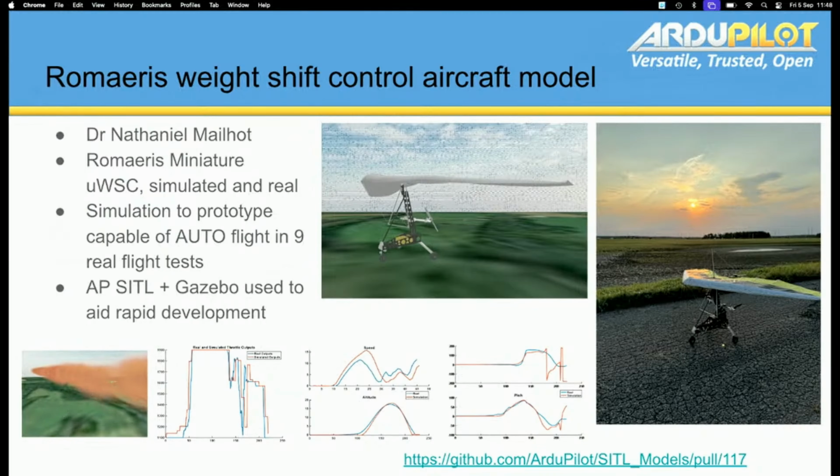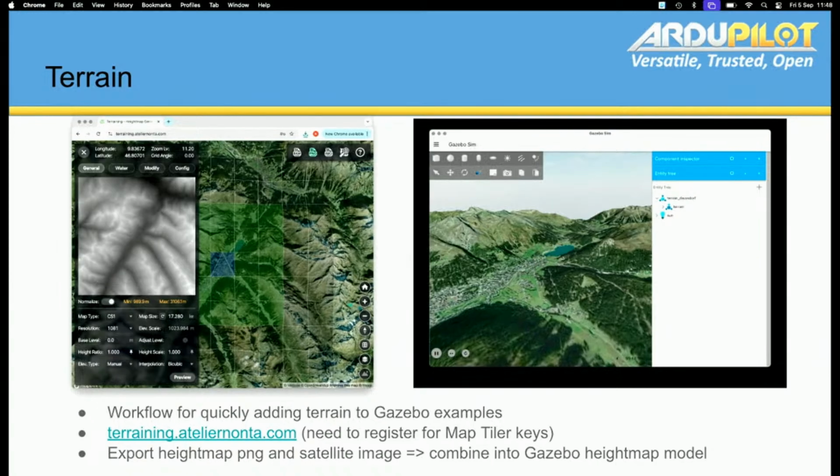I'm not going to talk a lot about this at the moment, but some work that I've been doing with Ryan on looking at terrain planners for planes. At one point, I wanted to run some examples in Gazebo, so we needed terrain models. And there's a workflow for adding terrain to Gazebo examples.